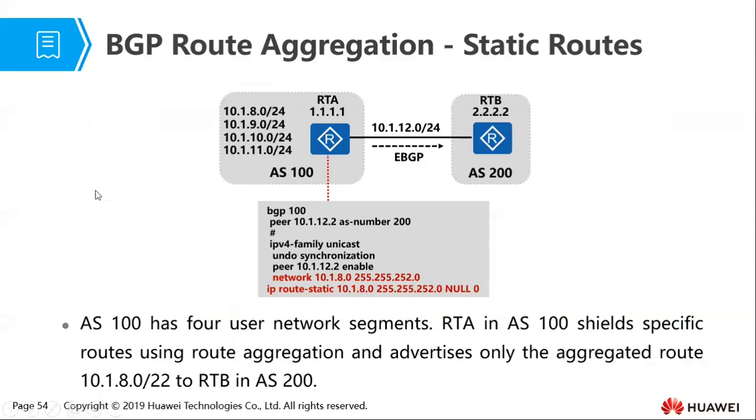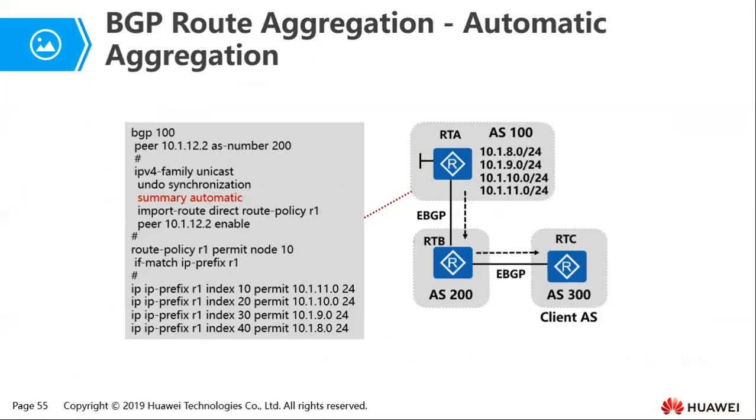Okay, so other than static routes, we also have what we call the automatic. We can also configure automatic aggregation of routes. So again here, RTA is connected to 4 subnetworks.